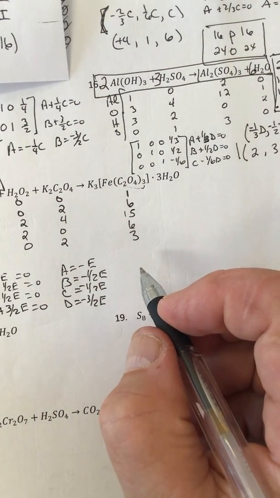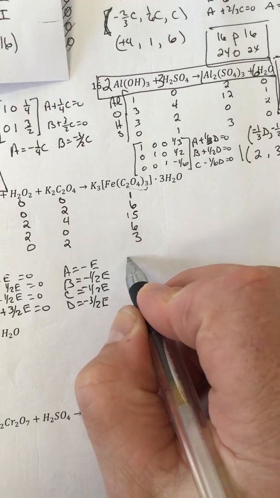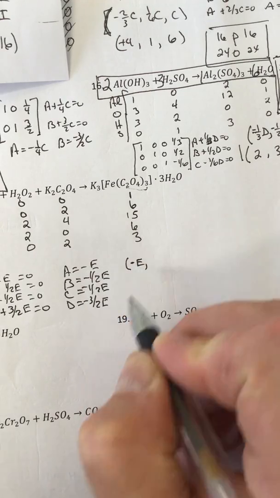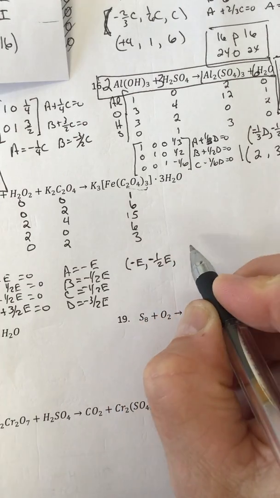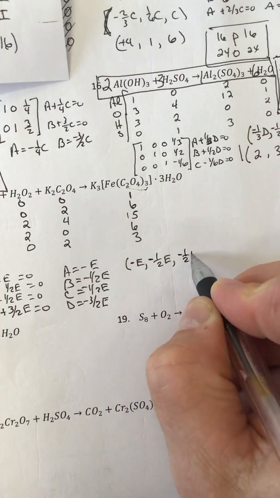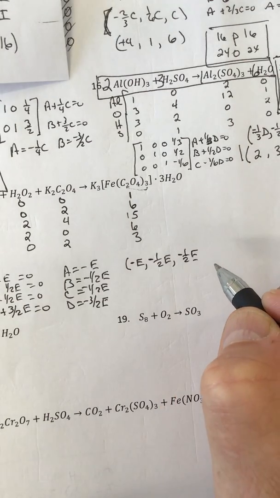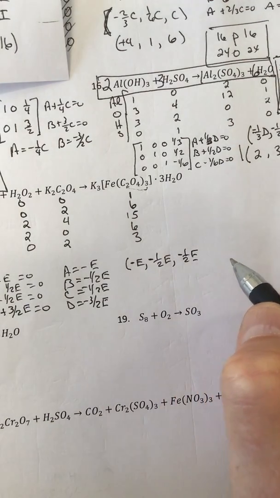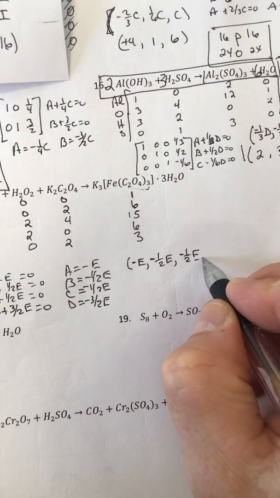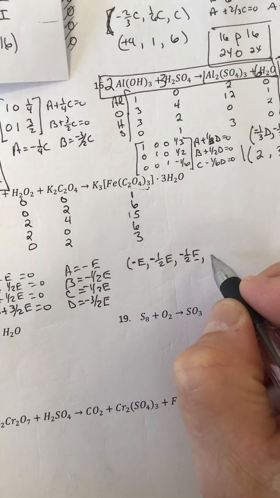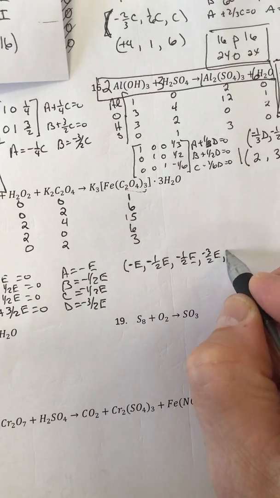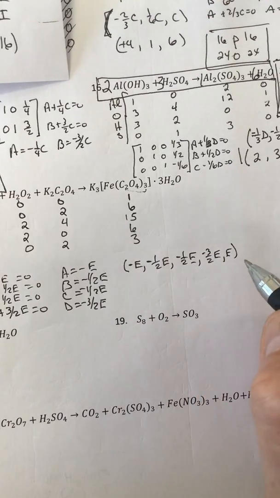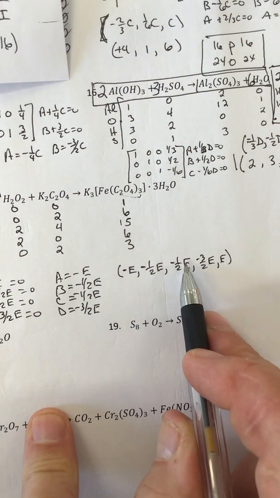So the relationship then is A is negative E. The second spot is negative 1/2 of an E. The third spot is negative 1/2 of an E. The fourth spot is negative 3/2 of an E, and then we get to pick E. Okay, so what this is saying is, see, all of these are negative.